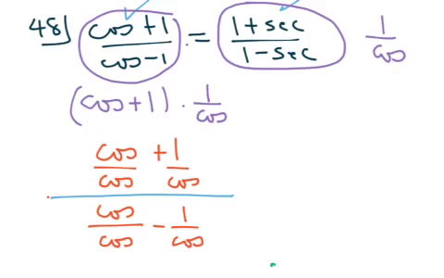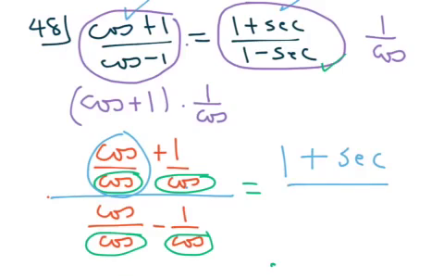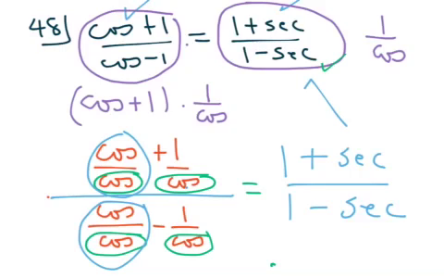So as long as I divided each piece by cosine, then I can get this very easily. Cosine divided by cosine equals 1, plus 1 over cosine is secant. Again, this equals 1 minus secant. And then we have that these two match.